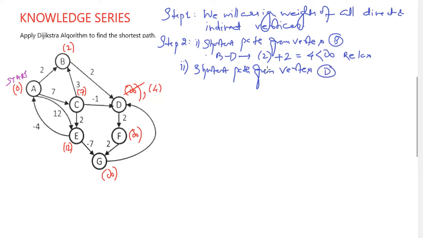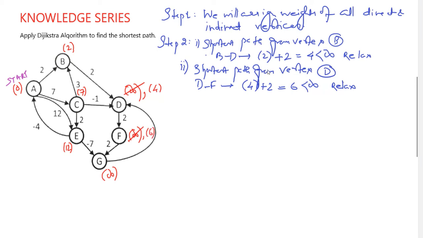We consider D; from D one link is emerging, so D to F. What is D to F? D has 4, plus 2, that is equal to 6, which is less than infinity. So it is a relaxation condition, and we modify this from infinity to 6.